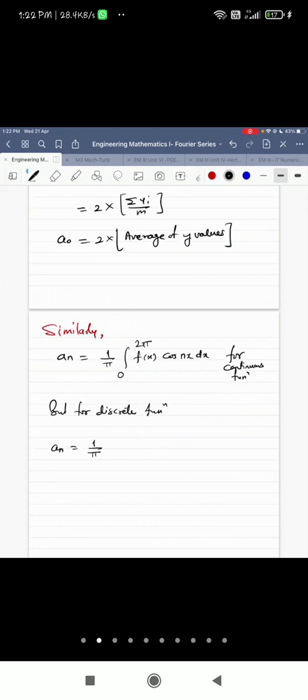Now again, the integration will be replaced by the summation symbol. Then f(x) is replaced by yi, cos of nx, but I'll write n xi. I have to consider all values, i going from 0 to m minus 1. And d of xi is 2 pi by m. That is the length of the subinterval, right?